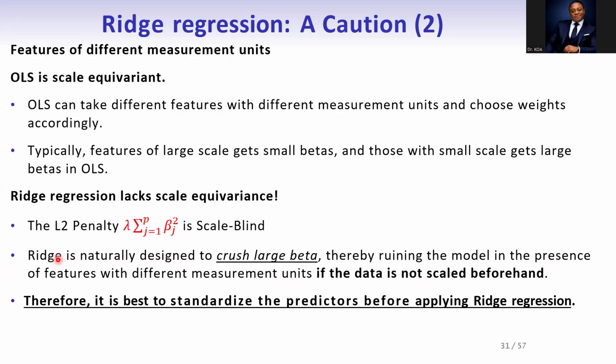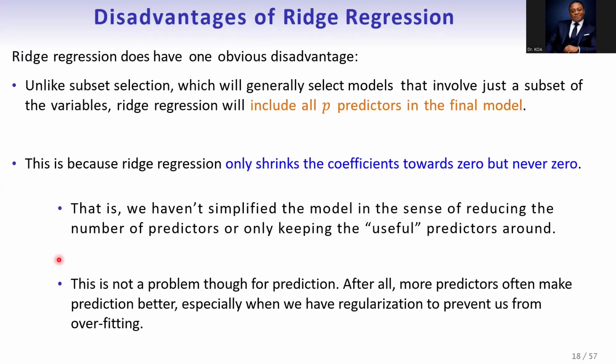So technically, if you solve this standardization issue in ridge regression, then you don't have a wahala. But all the same, there is another wahala. The wahala is that, unlike the subset selection method, ridge regression takes all the independent variables. It will include everything.